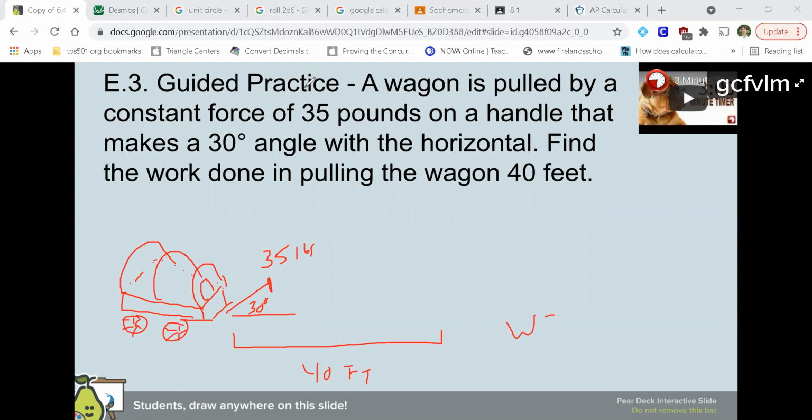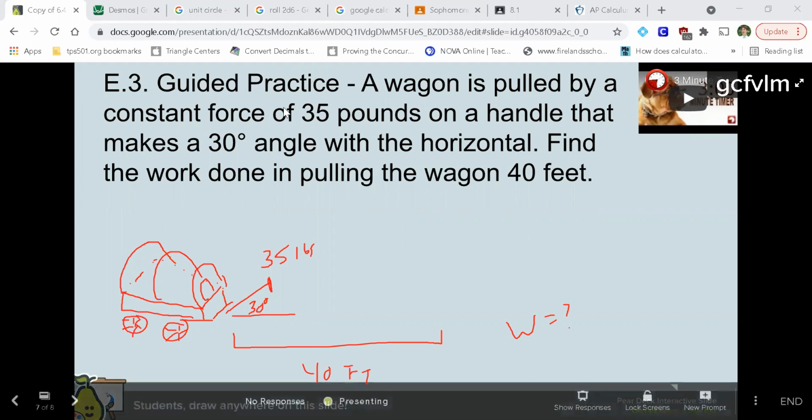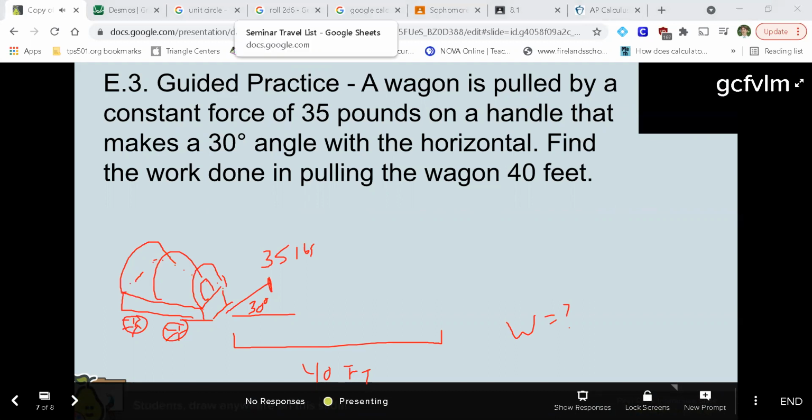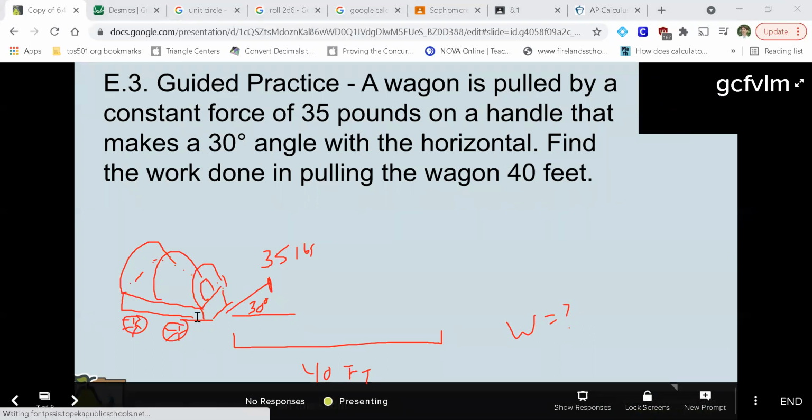What is the work done in pulling that wagon? All right. Have fun. He's never going to know the work done by the wagon or done to the wagon.